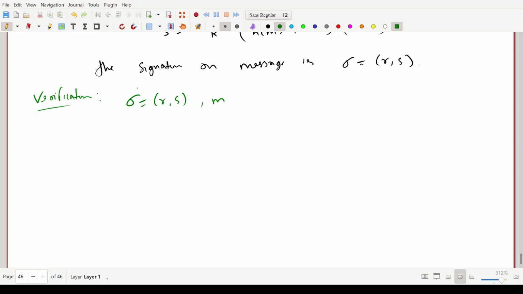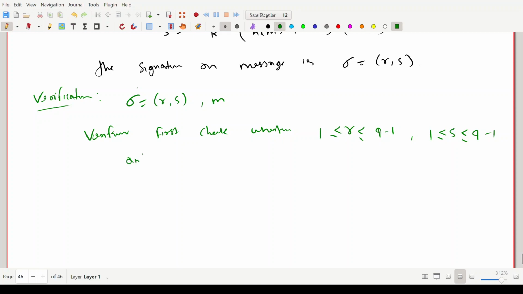The verifier first checks whether r is in the range 1 to q minus 1 and s is in the range 1 to q minus 1. If yes, he proceeds. If no, he rejects the signature.